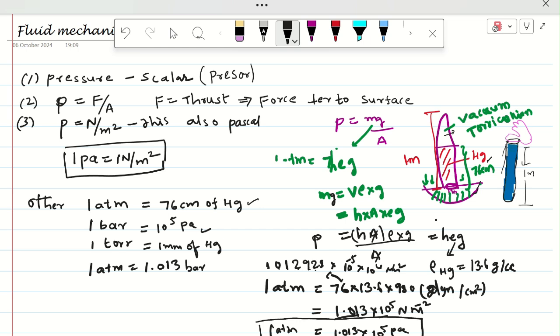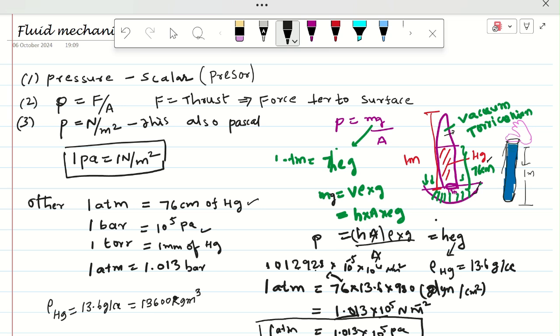Here you can ask why only mercury is used. The density of mercury is 13.6 gram per cc, which is 13600 kg per meter cube. It is very large, which is why the mercury stands at 76 centimeters. If I had taken water, the tube filled with water would require much more length.